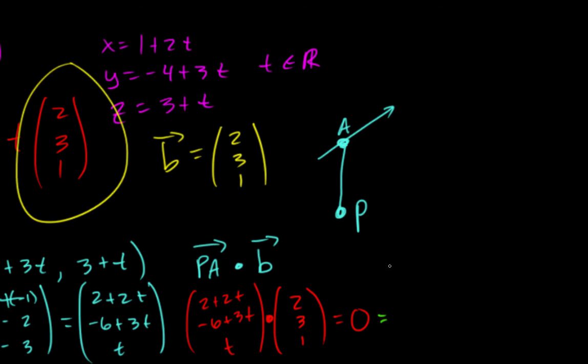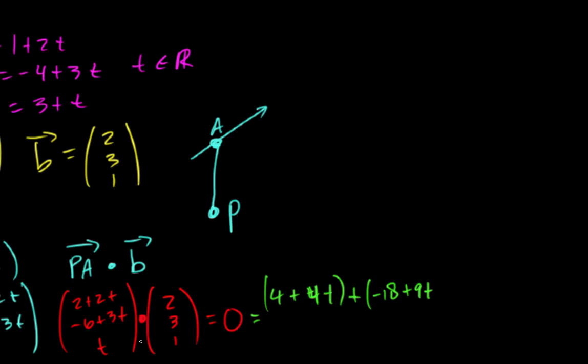And so when we do the dot product, I'm going to distribute a 2 to both these. Plus, and then distribute a 3. Distribute a 1. Okay, combine like terms.